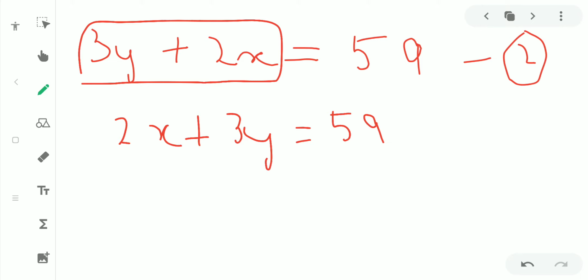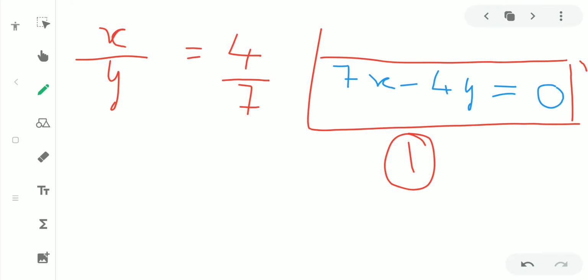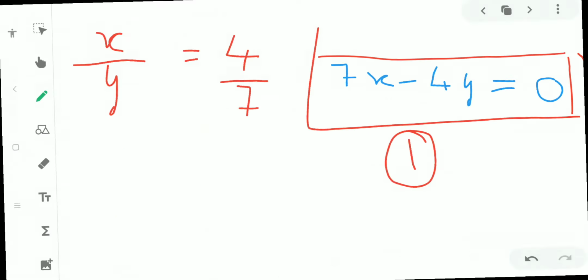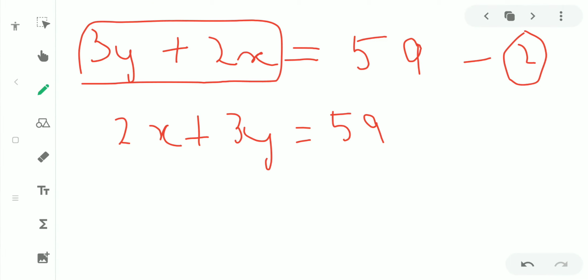The second one is 7x minus 4y is equal to 0.